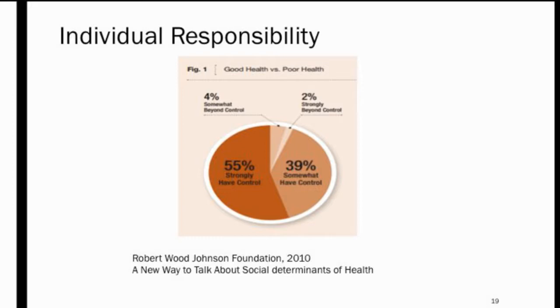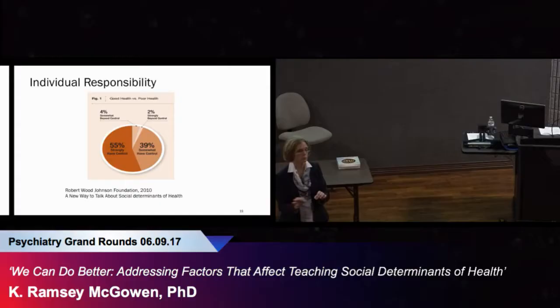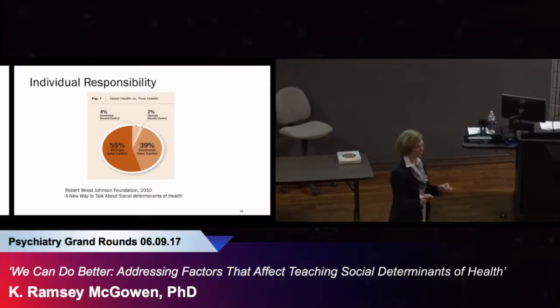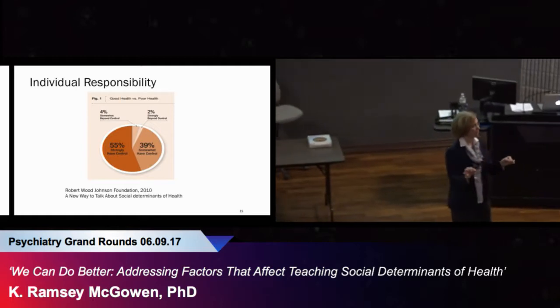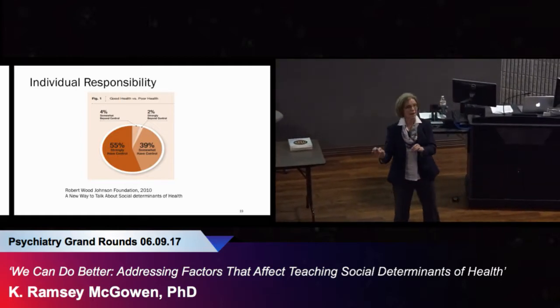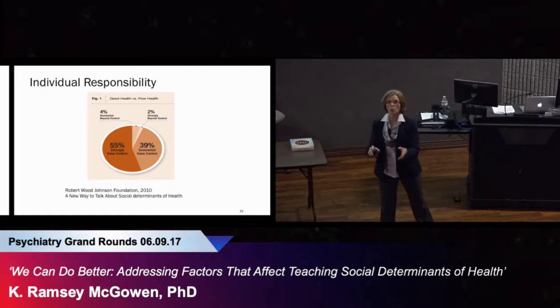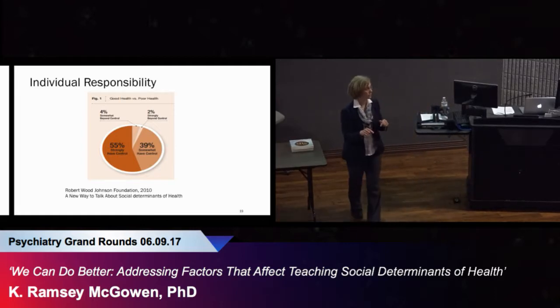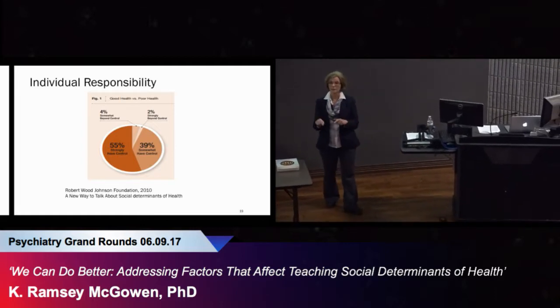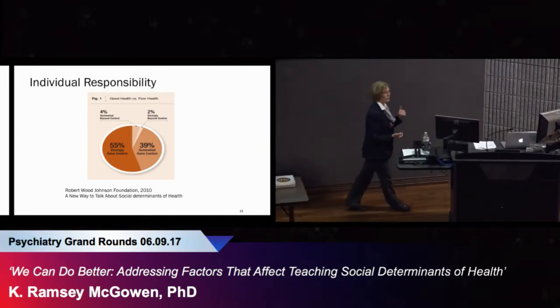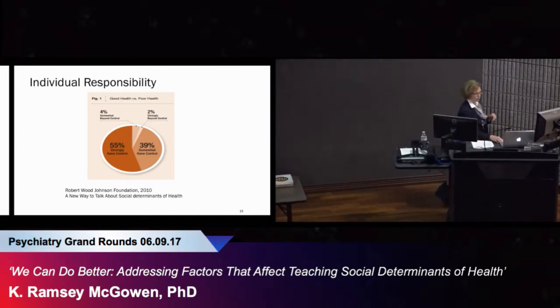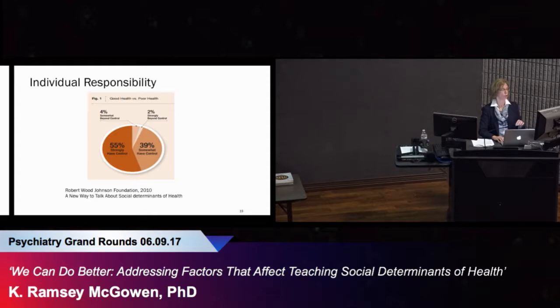Individual responsibility matters. Every person should do everything that is within their control, realistically possible, to engage in good health practices. What I'm saying is individual responsibility itself is not enough. It's an incomplete picture. And that's why we need to look at what some of the social determinants of health are doing to contribute to the outcomes that we see.